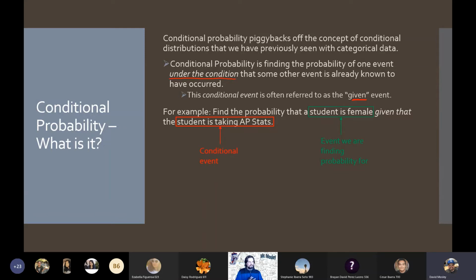Okay, so that's the basic idea of what conditional probability is. Is there anything I can clarify for anybody? Does anyone need a moment to write any of this down for their notes? Raise your hand.